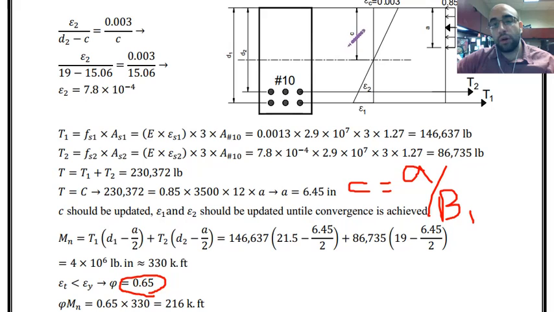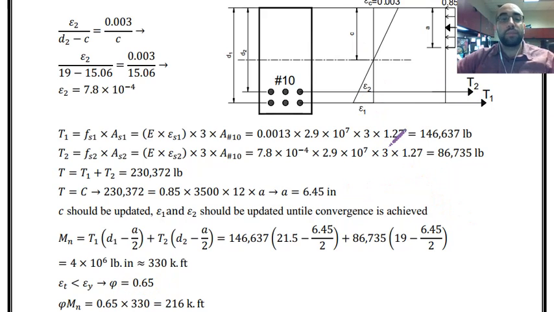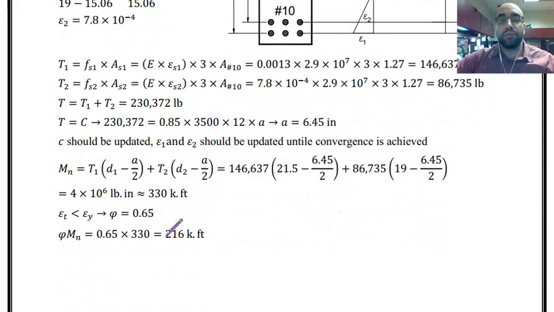Based on that, I have to update c. Once I do that, I can update the values of epsilon 1 and epsilon 2, and then continue the procedure. You can do that at home, but based on these values, we could find the reduced strength of a compression controlled section.